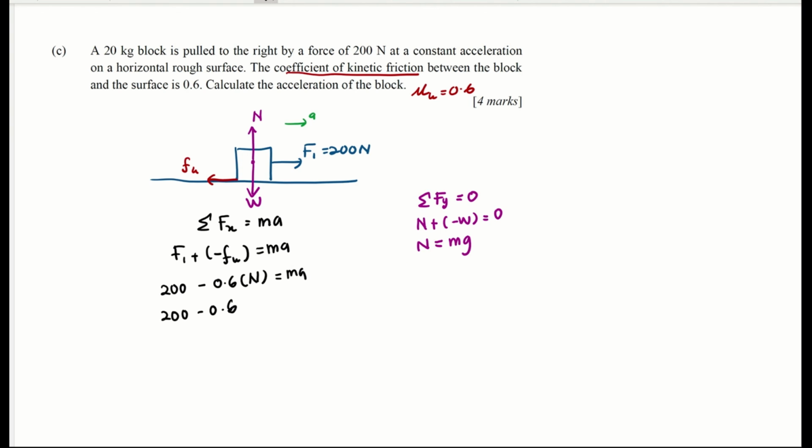Okay, and then mg, and the mass is 20. Normal force tadi ini mg. Okay, so times 9.81 equals ma, where the mass is 20 kg. Acceleration kita nak cari. Okay, and finally acceleration is equal to 4.11 meter per second squared. Okay, so this is the answer.